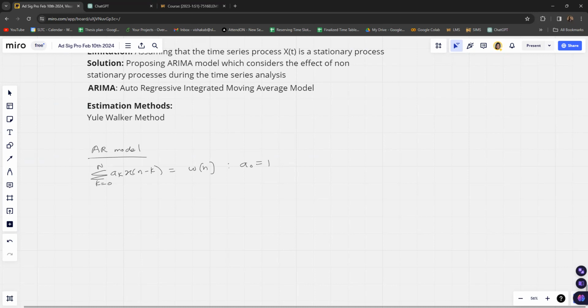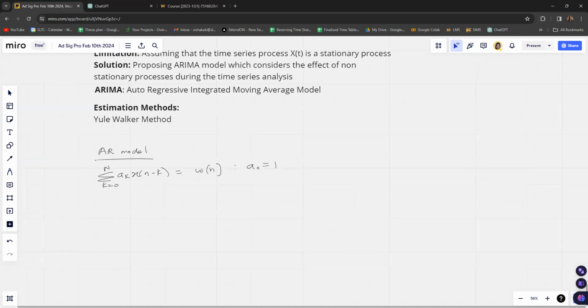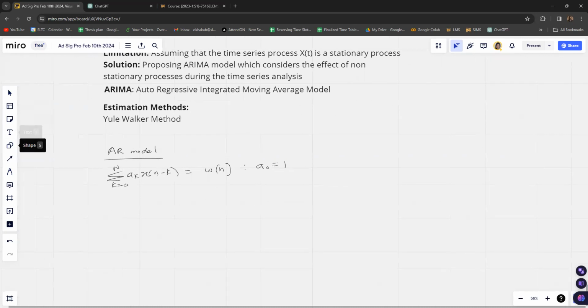So we can actually derive the Yule-Walker equations using this model. First we are going to multiply this equation, let's call it equation A, with x n minus L and take the expectation.